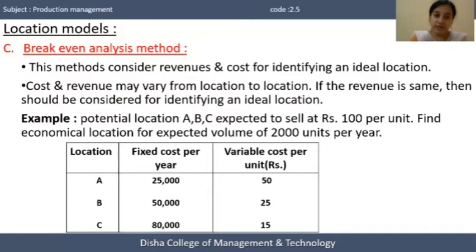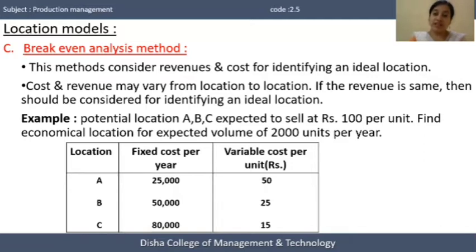So, if this method is adopted by the industrialist, he must consider various revenues and costs. If the revenue per unit is the same irrespective of location, then the industrialist should eliminate the revenue for identification of a location. He has to consider only the cost aspect.